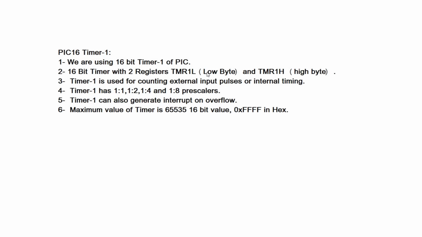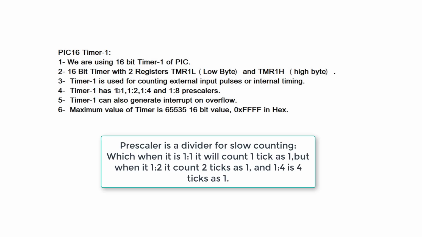Timer 1 has 4 prescale values. The prescaler is used to divide the internal clock. The 4 prescale values are 1 into 1, 1 into 2, 1 into 4, and 1 into 8.